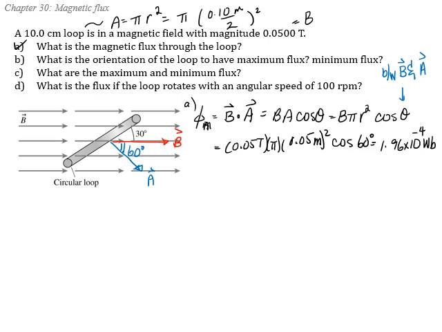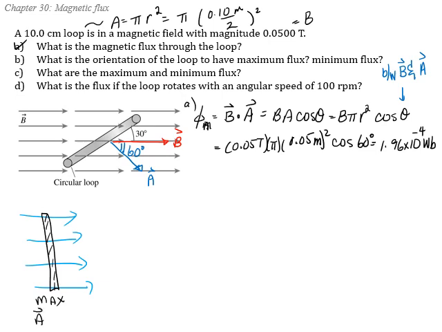Part B, what is the orientation of the loop to have maximum flux? Now this is just kind of a recap of what we did in the previous slide. To get maximum flux, your loop has to be upright. So this is maximum flux.